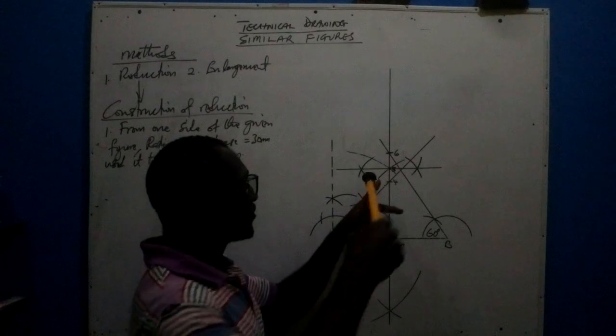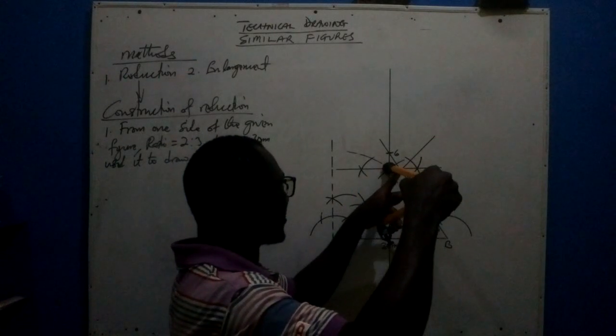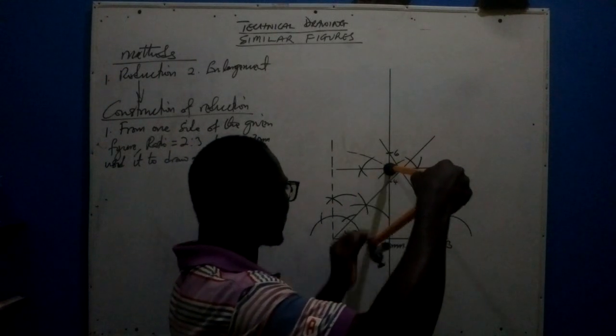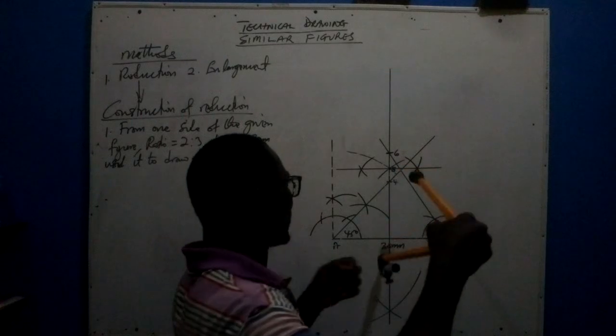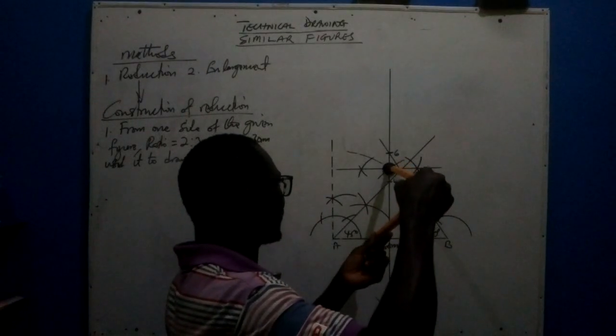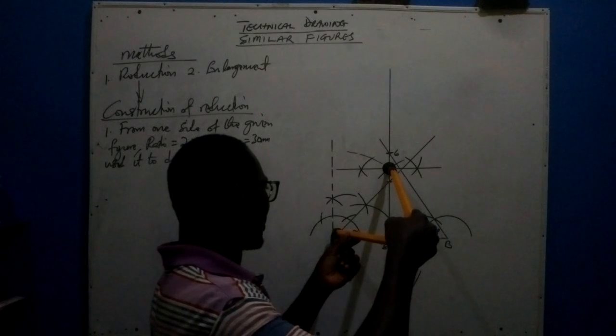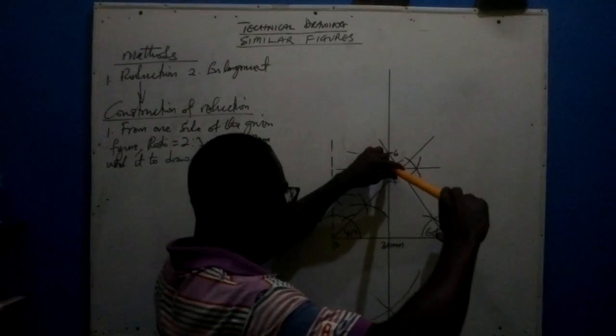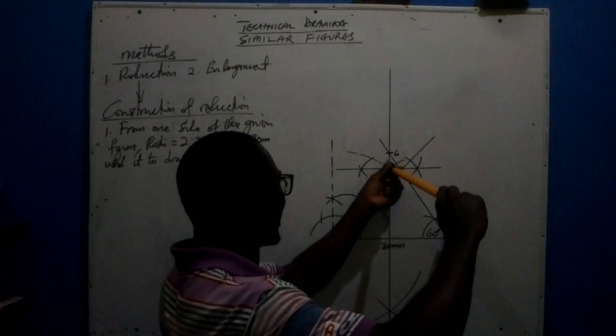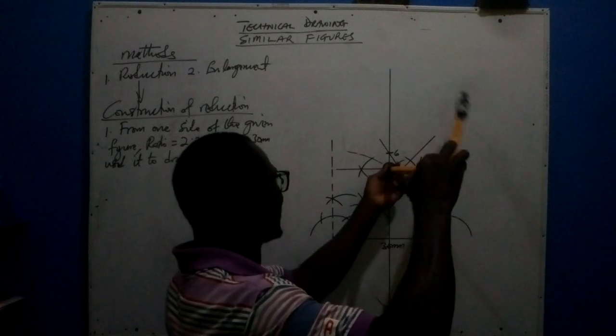Now I'm coming to stand on 0.5 because it's a pentagon. Stand on number 5. Set it to point A and point B so that I can get the correct circle.